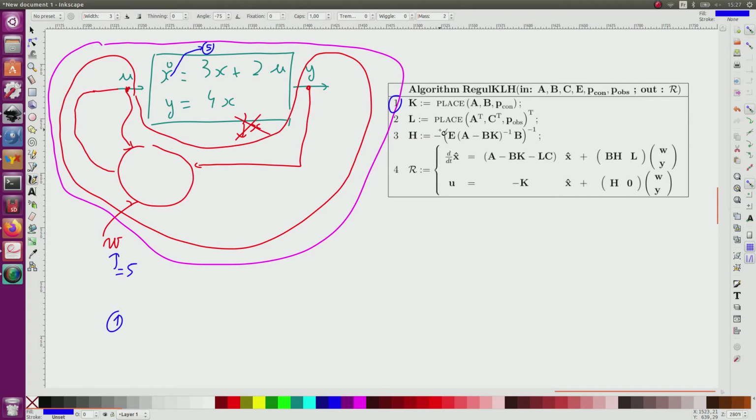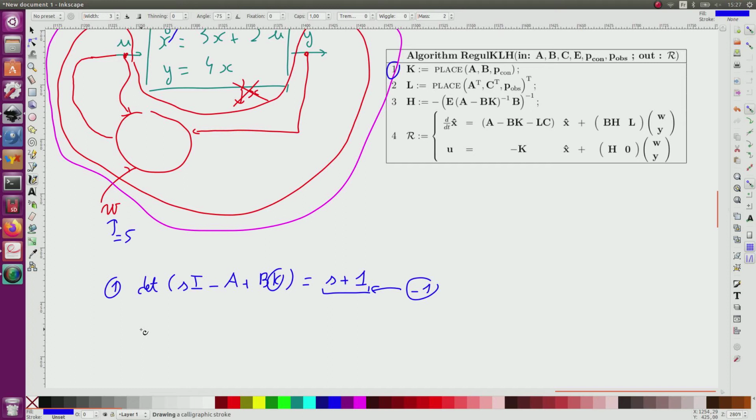So for this, I should solve the characteristic polynomial, determinant of sI minus A plus BK, equal to s plus 1. Why? Because I want a root equal to -1. So this is the desired polynomial with a root equal to -1 as required by the exercise, and this is the unknown.